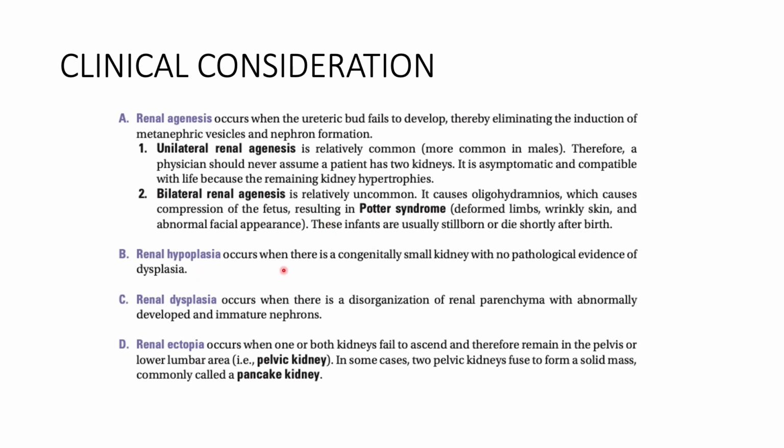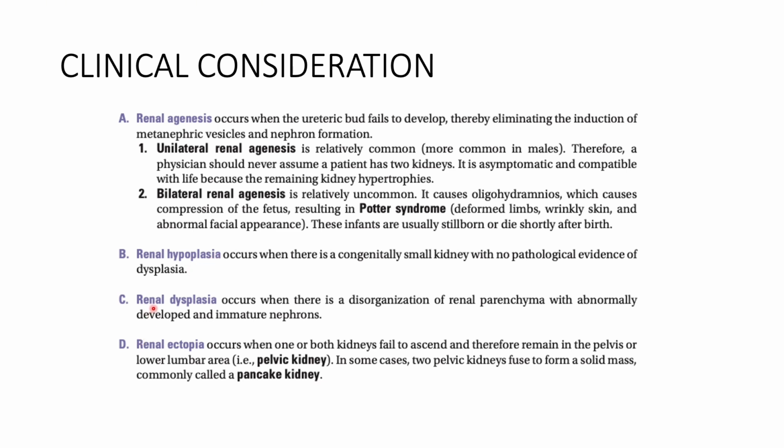Renal hypoplasia occurs when there is a congenitally small kidney with no pathological evidence of dysplasia. Hypo means the division or number of cells is smaller, as against hyperplasia.